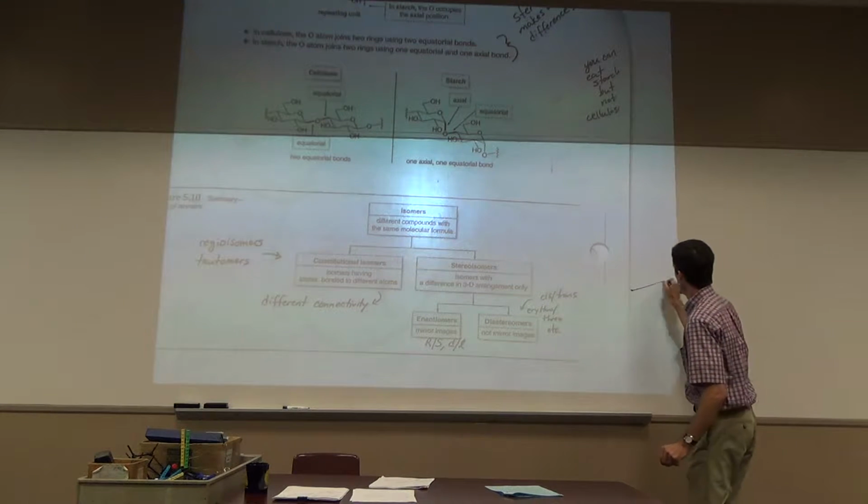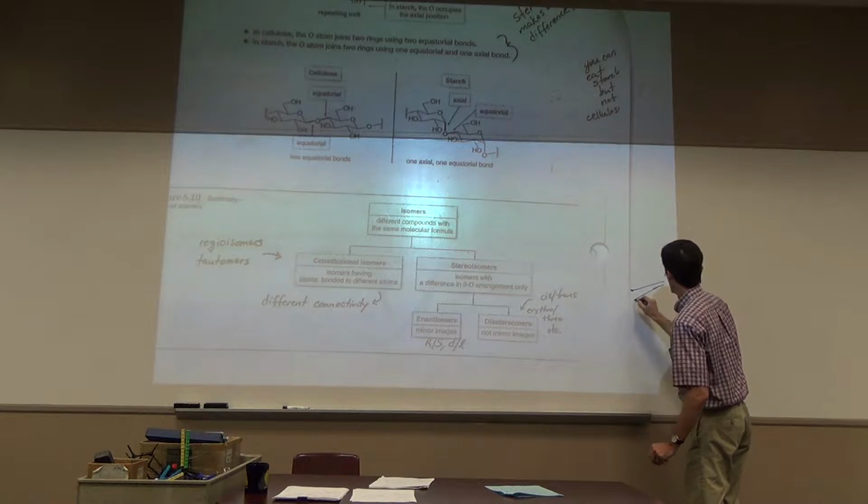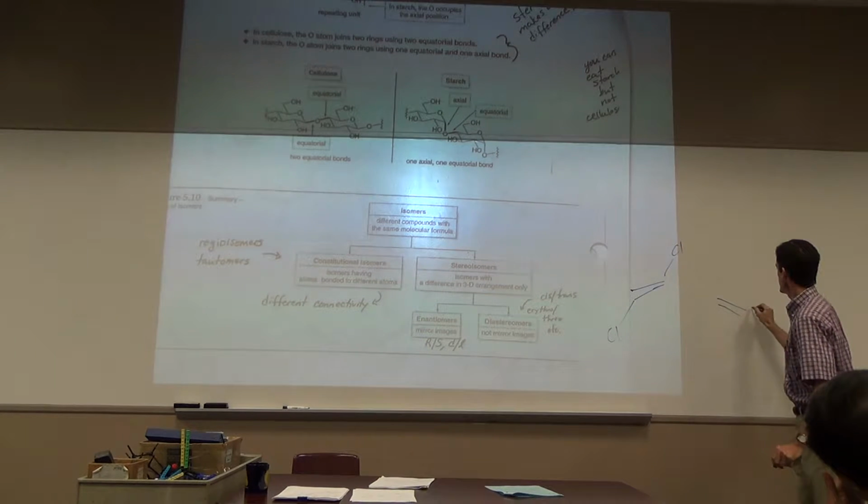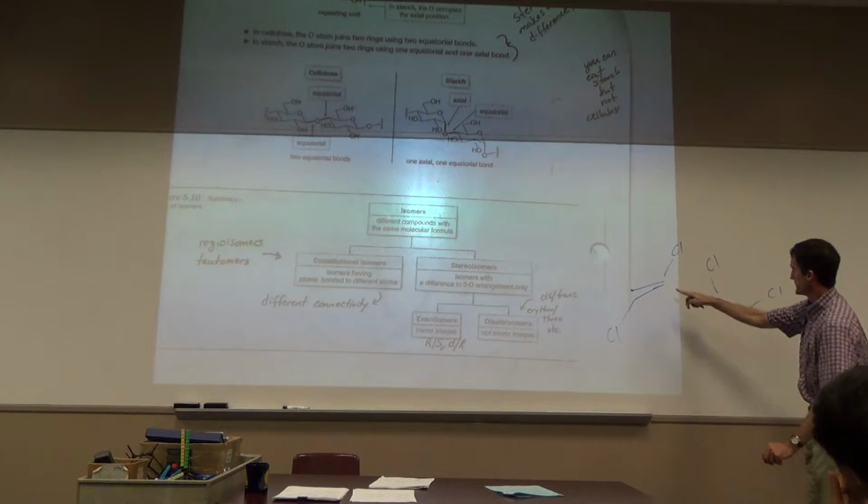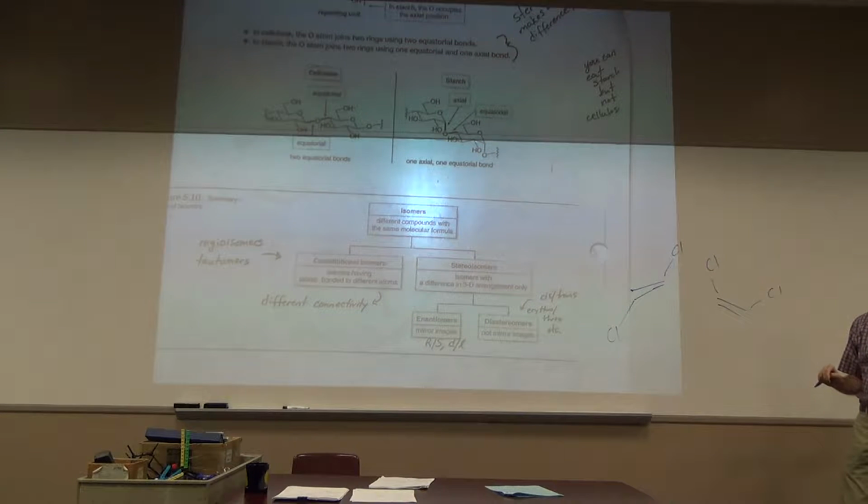But look, if we look at this, that versus this, that's cis and trans, right? Okay, let's go back. Are these isomers? Sure, they both have the same formula. Okay, are they constitutional or stereo? Stereo. Well, they have the same connectivity.